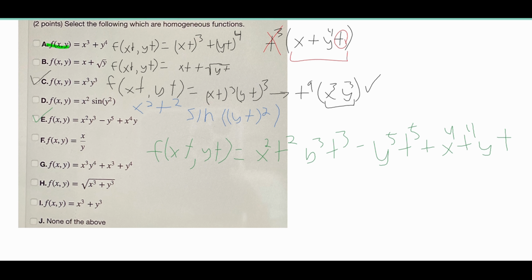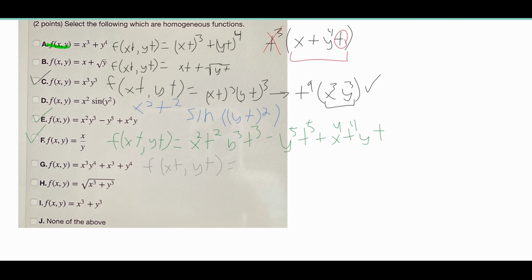For f, if we plug in t's, we can see that they would just cancel out and we would be left with our original function. So f is also a homogeneous function. For g, if we have our t's plugged in here to test it, we're going to have an x cubed times t cubed, and then a y to the fourth times t to the fourth, plus our x cubed times t cubed plus y to the fourth times t to the fourth.